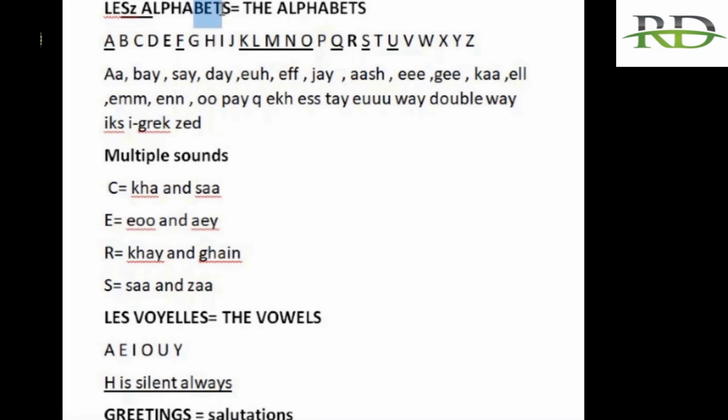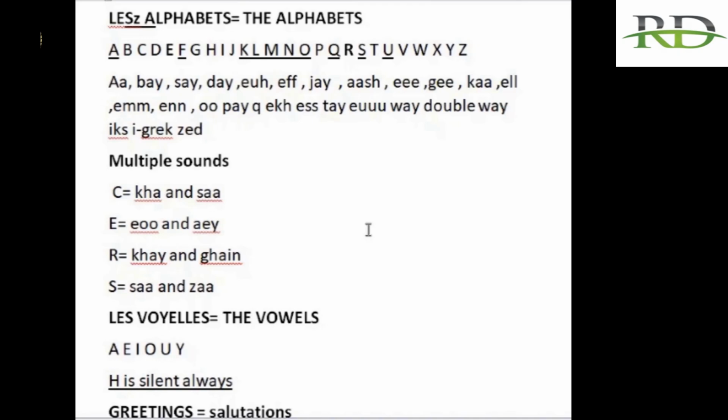Bay till here, we are not pronouncing S. A, B, C, D, E, F, G, H, I, J, K, L, M, N, O, P, Q, R, S, T, U, V, W, X, Y, Z. I'm going to repeat one more time.